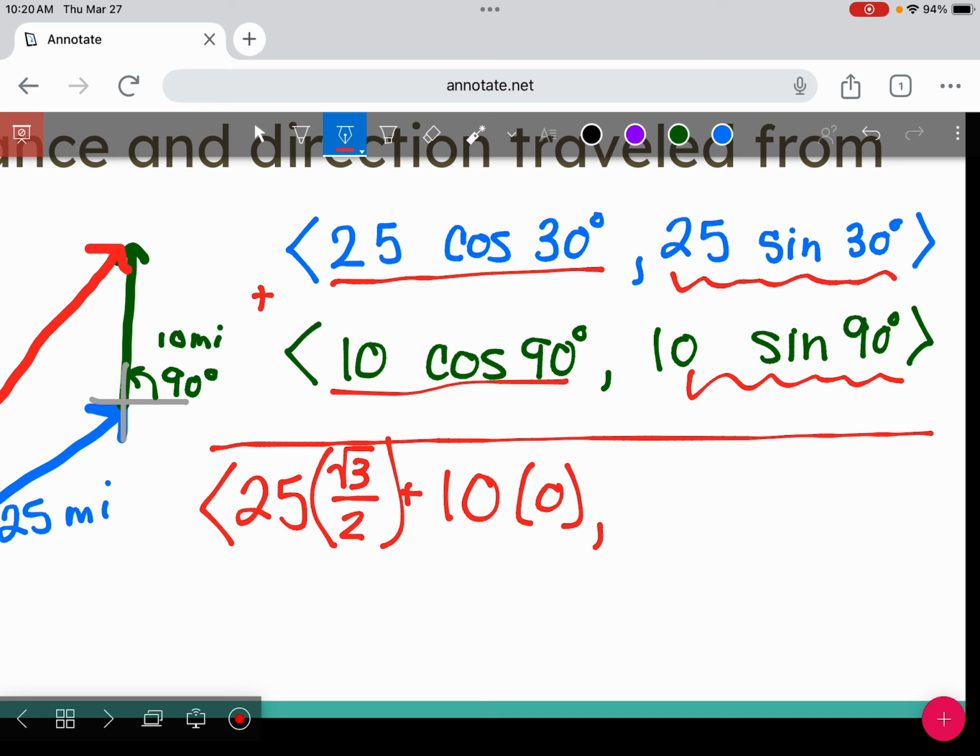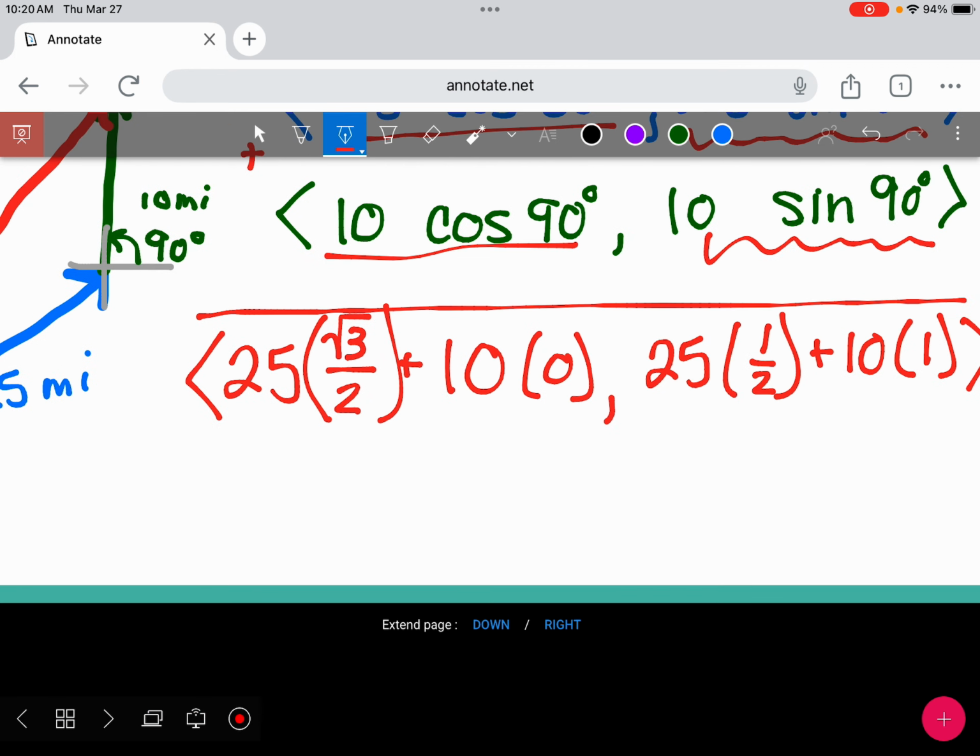And then we can do the same thing for the y's. We're going to have our 25 times sine of 30. What is sine of 30? 1/2. Plus our 10 sine of 90. What's sine of 90? 1. It's not pretty, but that's our vector.